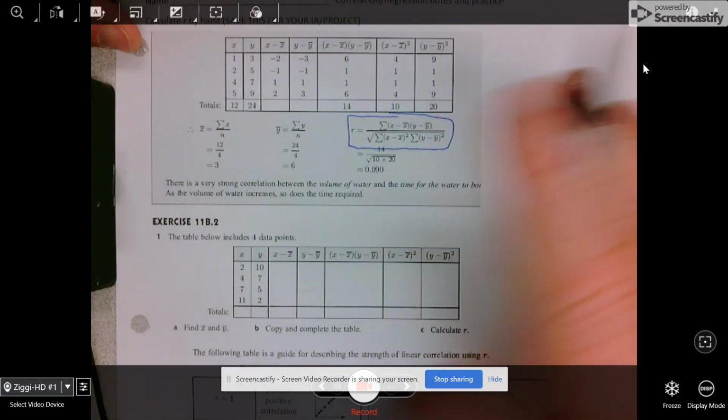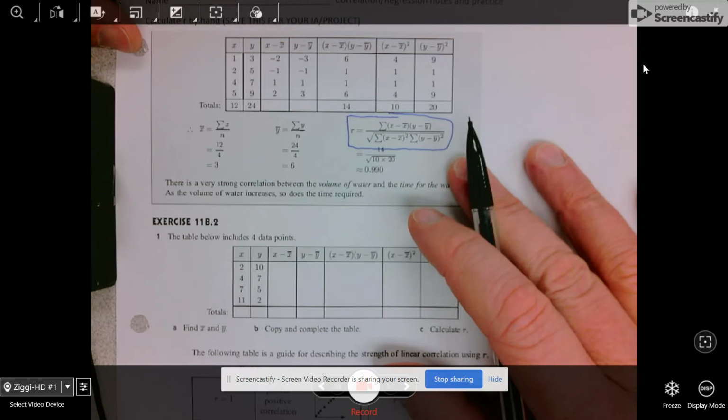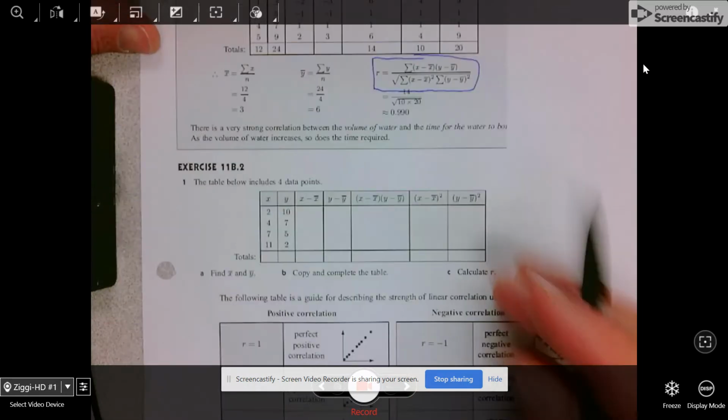So there's two things you need to find. You need to find the average X and the average Y. So I'm going to find the average X, that's 6, and the average Y is 6. You can use a calculator if you need to, but come on, really. So then we just fill in the table and follow the properties going across here.